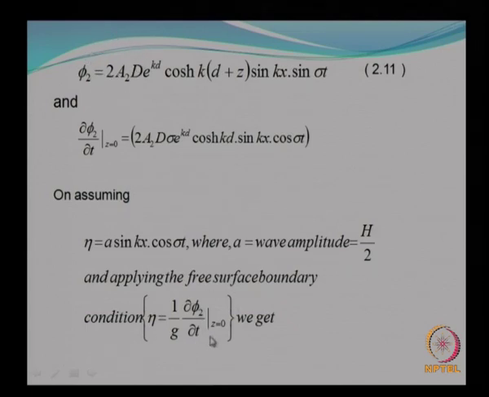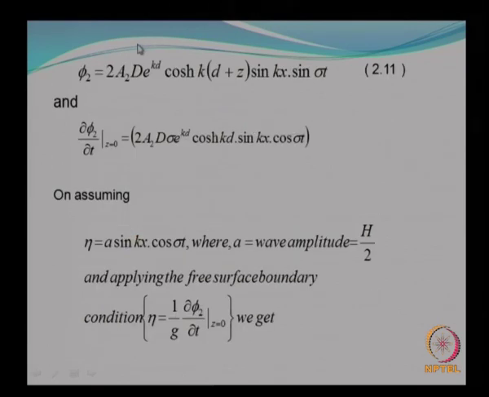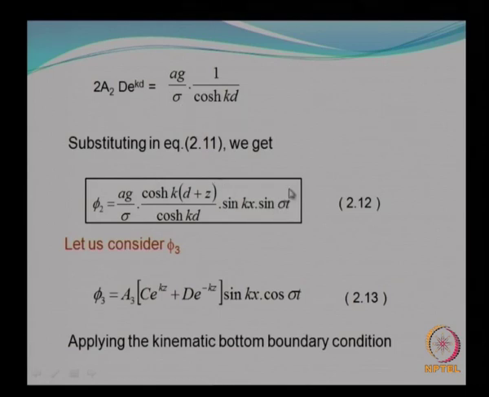Because we get from this free surface boundary condition, this is equal to this much. Now substitute, so this is the equation, so we substitute for this and then we get an expression for velocity potential. What did we do?